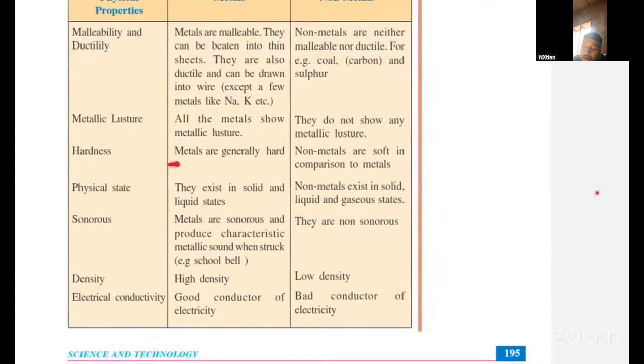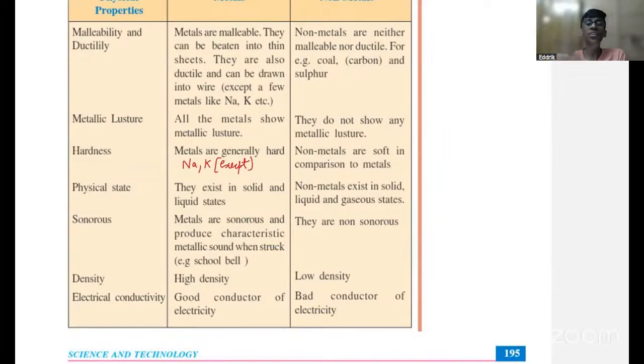Now hardness. All metals are hard, but we have exceptions. You can write down the exceptions with me in your book. The exceptions are sodium and potassium. They are not hard. They are soft. Sodium and potassium are very reactive, and they are not hard.